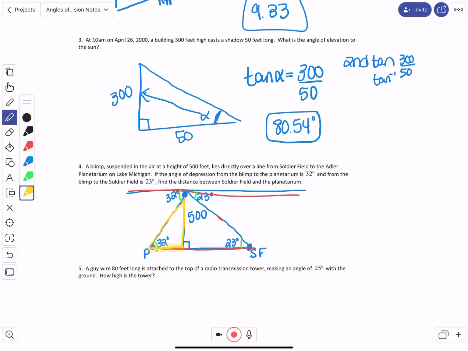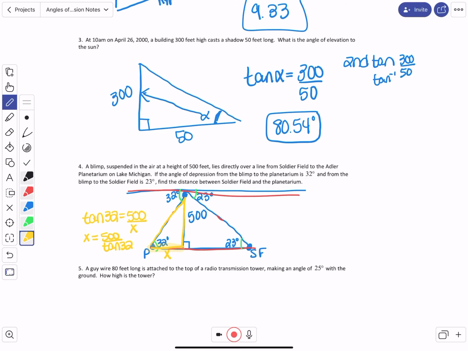We know that opposite from 32 degrees is 500, and we're going to find the side that I just highlighted. So opposite from 32 is 500, and we're going to find adjacent. So we're going to be dealing with tangent, okay? So the tangent of 32, opposite is 500, and we're just going to call this side x. So those two are going to switch places, because x is on the bottom.